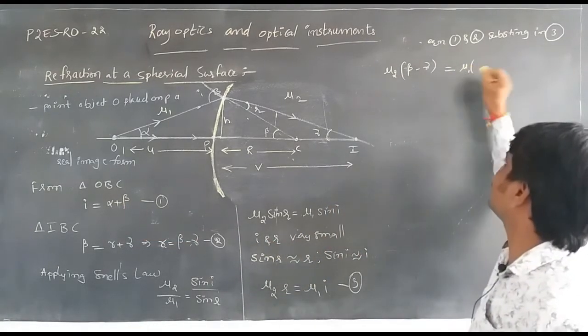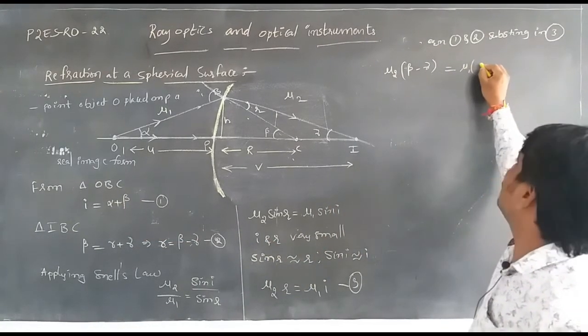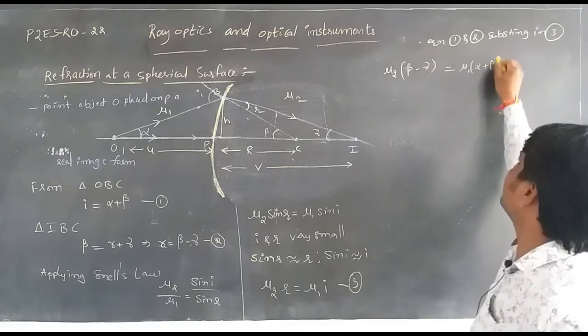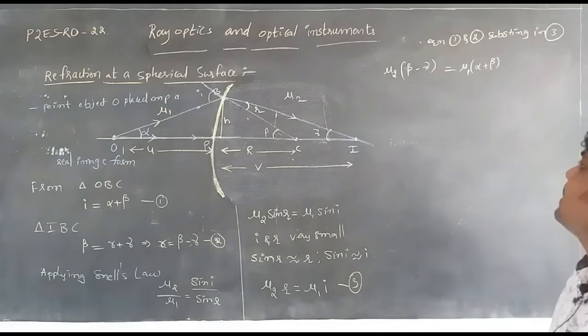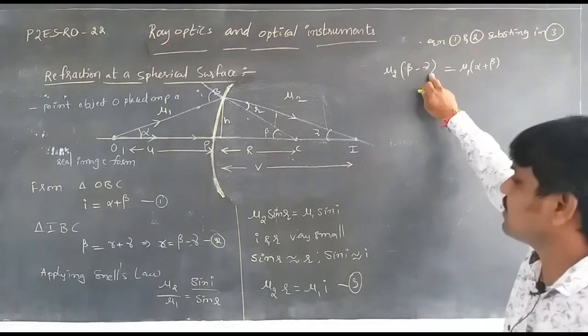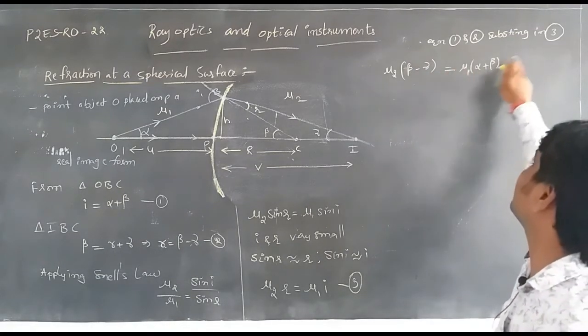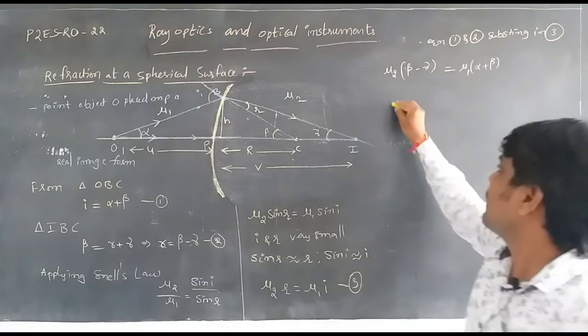Here beta minus gamma is equation number 2, and equation number 1 we are substituting in the above equation.